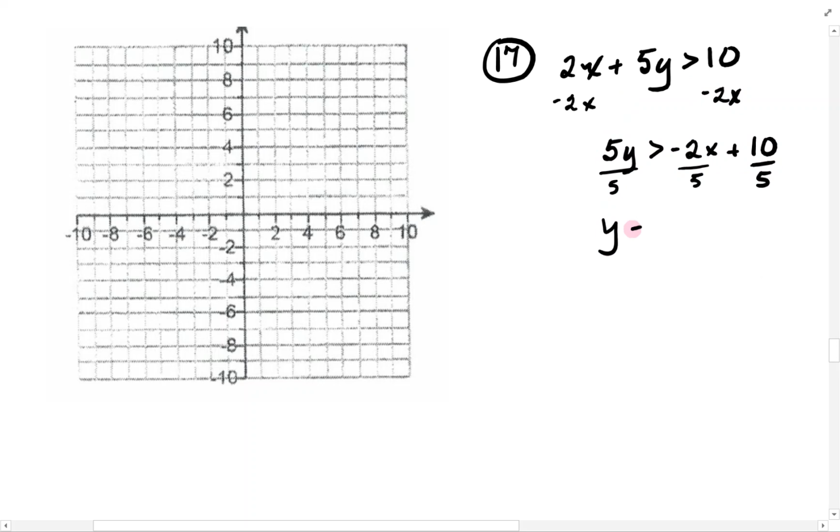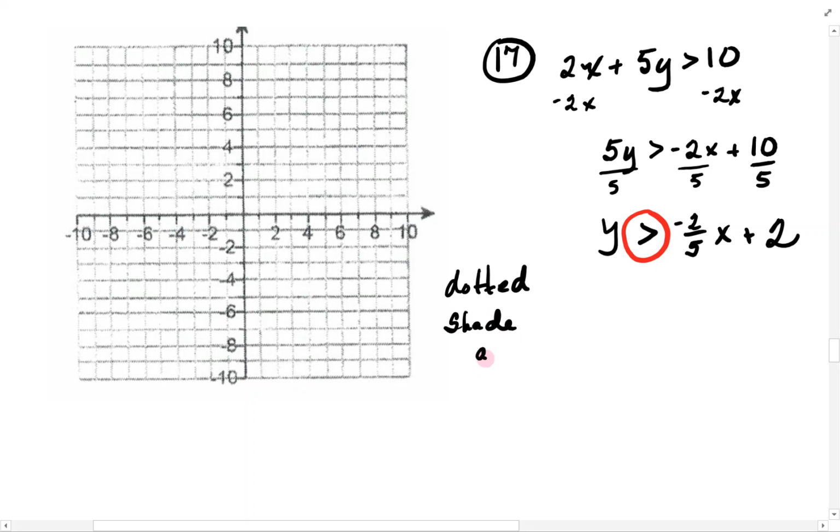And I have y is greater than -2/5 x plus 2. So immediately I look at this symbol and I know that it says a dotted line because it's not equal, it's not part of the solution, and it says greater than, so I will shade above.